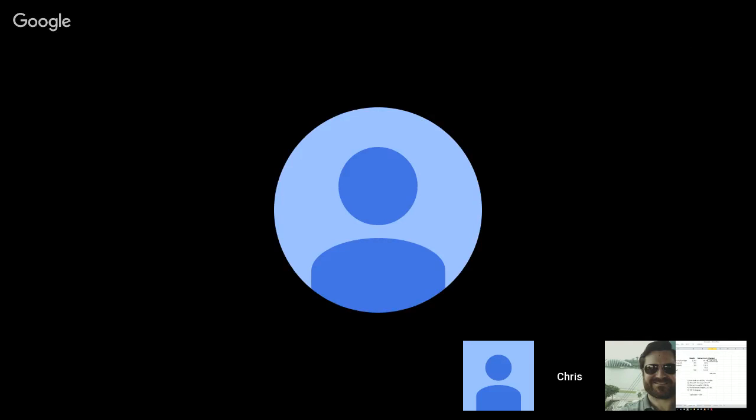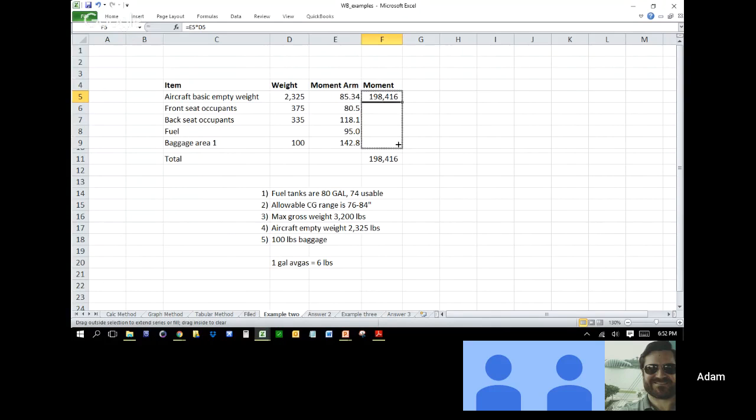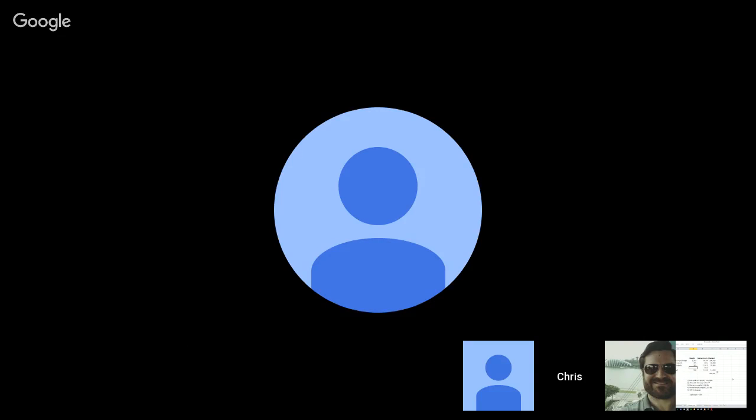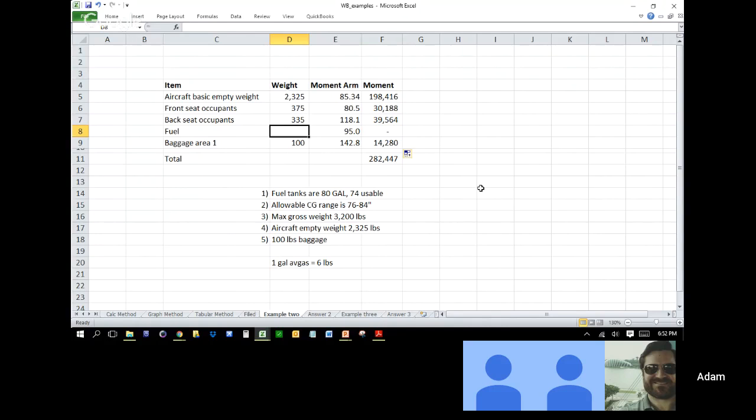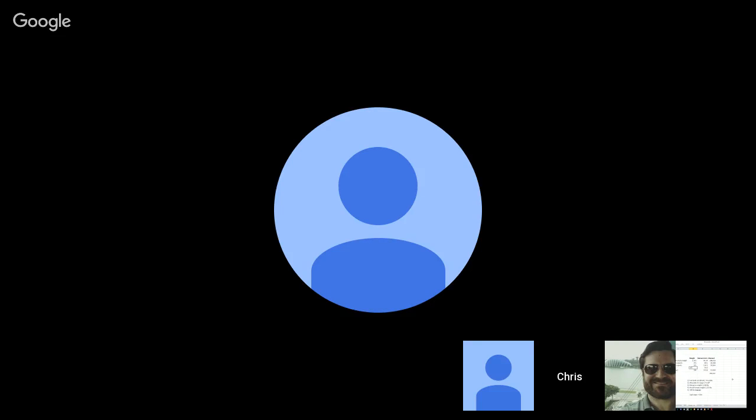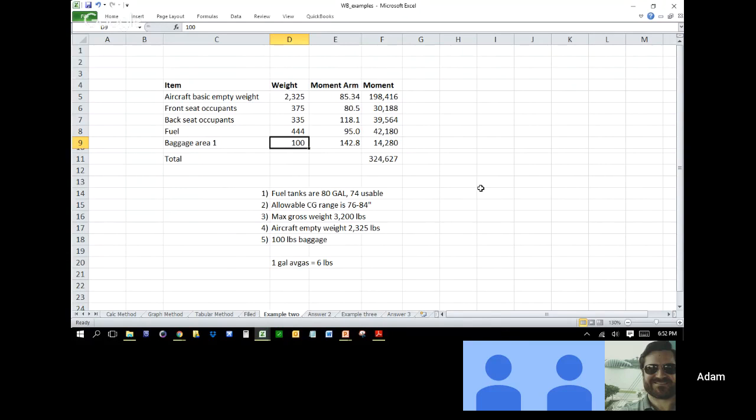All right, and then what value am I putting in there for fuel? 444. That's what I got too. Wait, how'd you get that? 6 times 74. The aircraft's empty weight always includes the unusable portion of the fuel tank, and I should have talked about unusable fuel a little bit more.